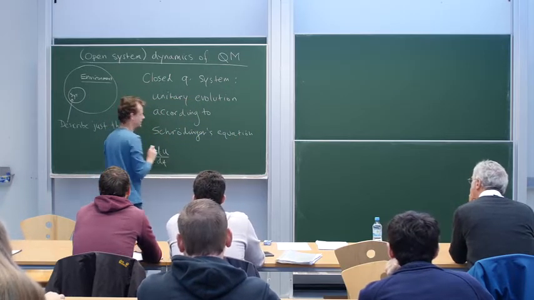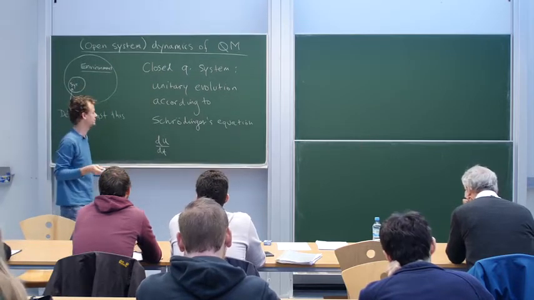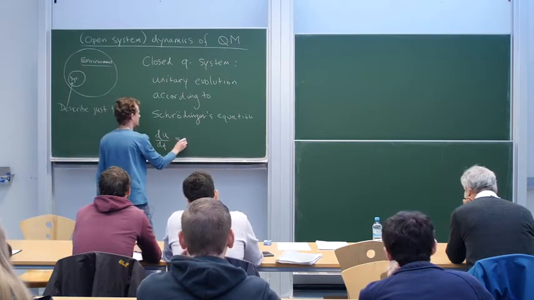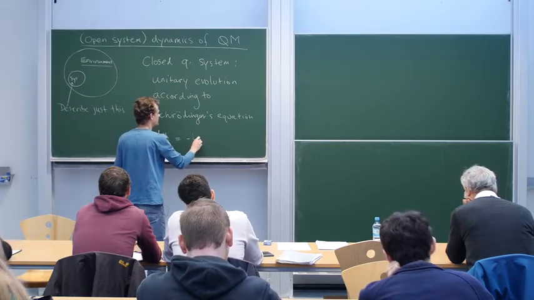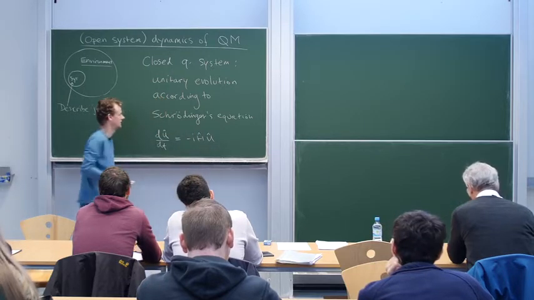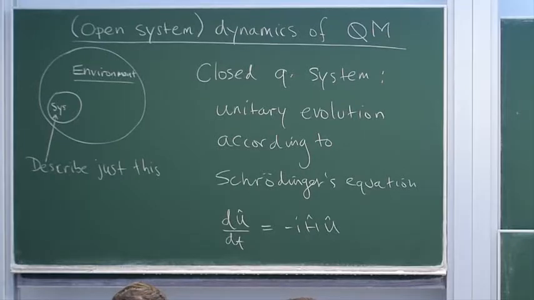And the way we generate time evolution is to simply solve Schrödinger's equation for the propagator, or the unitary that implements the dynamics. And the equation of motion you have to solve is this one. Okay, so this is standard quantum mechanics. This is how closed quantum systems evolve.